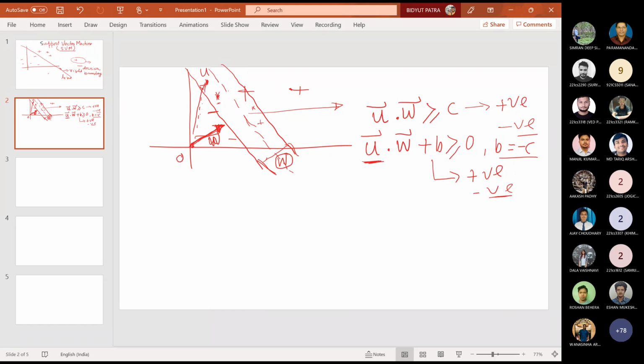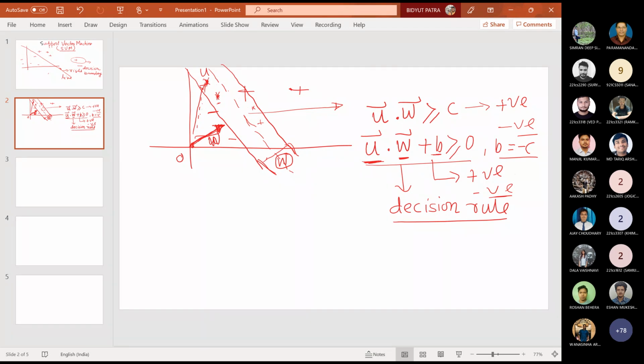Is it clear? This is something called the decision rule. Now what do we have to do? We have to find this w, which is the unknown object here, and we have to find this b also.